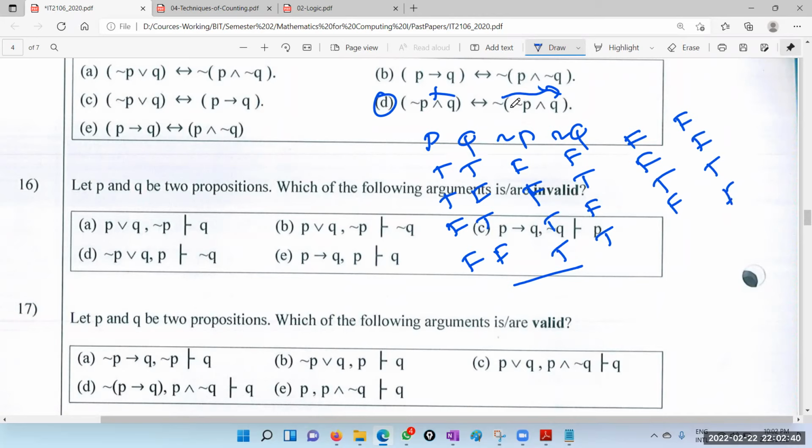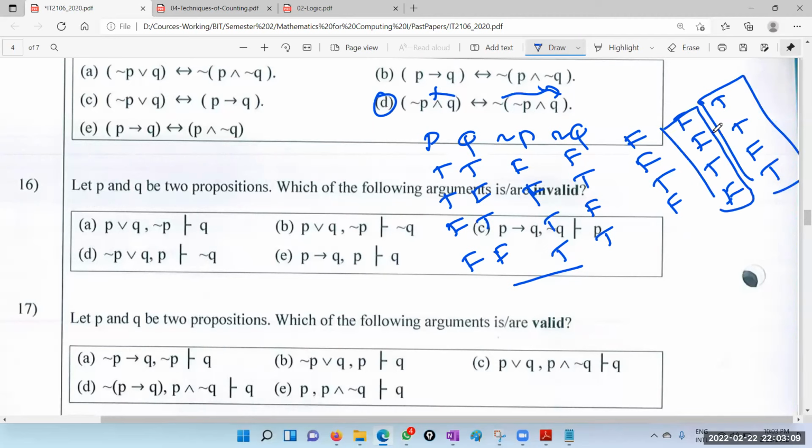And what we need is a not of that: true, true, false, true. Right? So this is my right hand side and this is my left hand side.